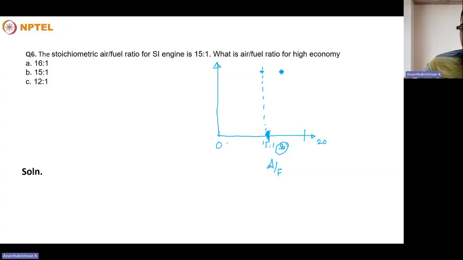As we move from left to right, it will be a lean mixture where the air content will be more, and if it goes from right to left, it will be a rich mixture where the fuel content will be more compared to the stoichiometric case.